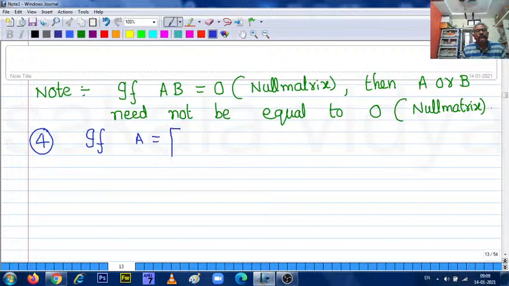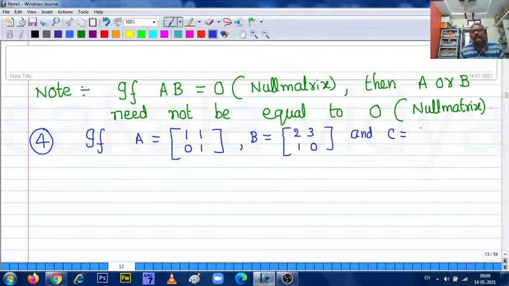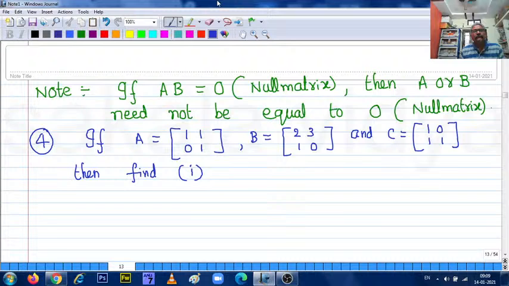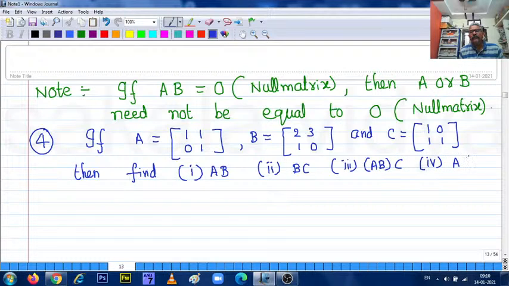If A equals [[1,1],[0,1]], B equals [[2,3],[1,0]], and C equals [[1,0],[1,1]], then find first AB, second BC, third AB into C, fourth A into BC.